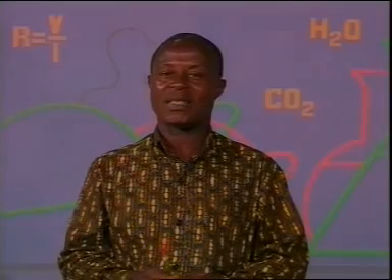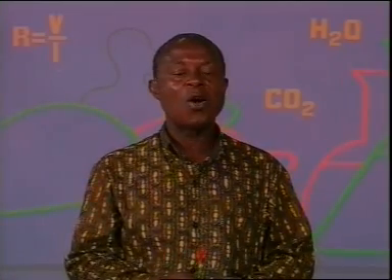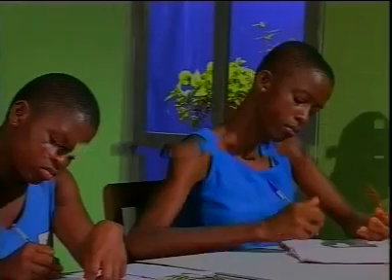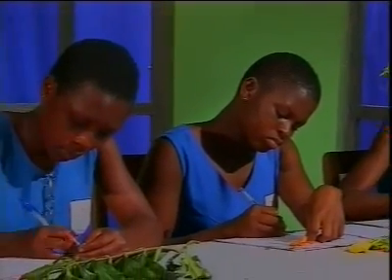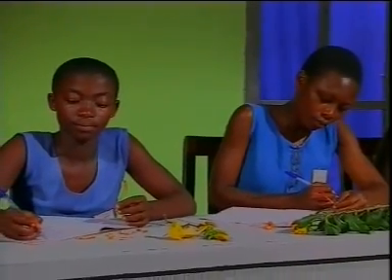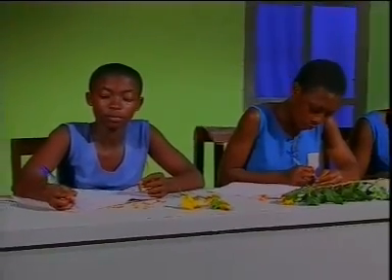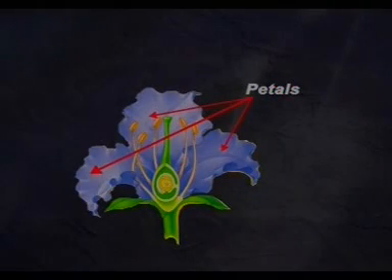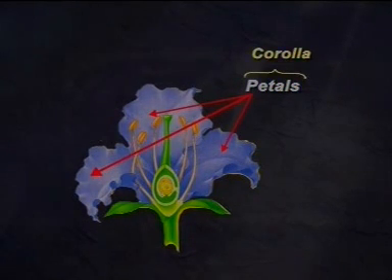We should note, however, that not all flowers have the modified or snowy petal. For example, the flower of hibiscus and the flower of the okra do not have the snowy or modified petal. A collection or a group of petals on a flower is known as the corolla.